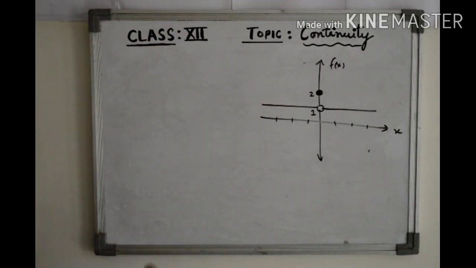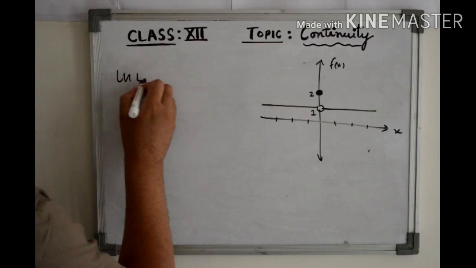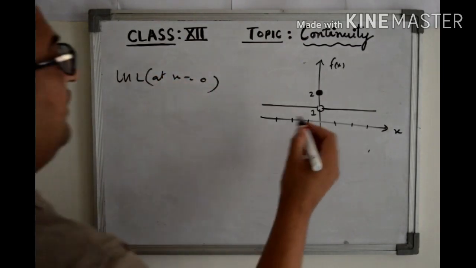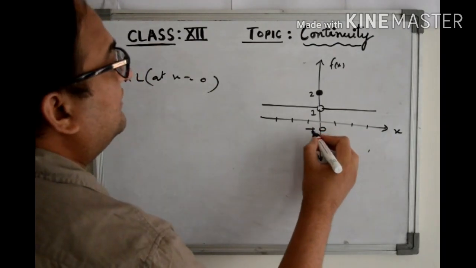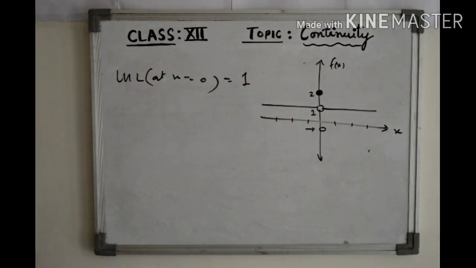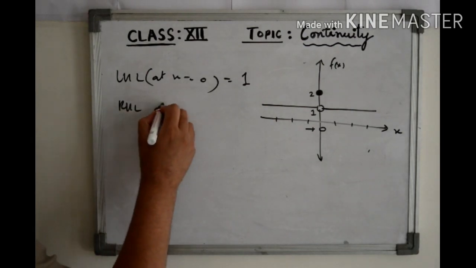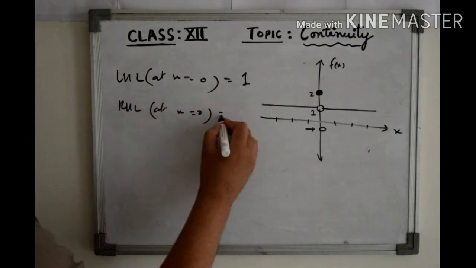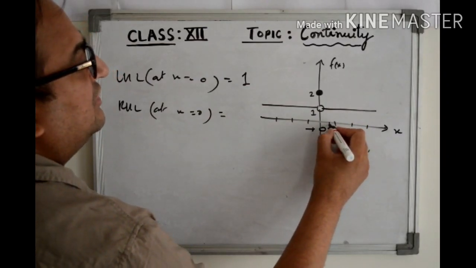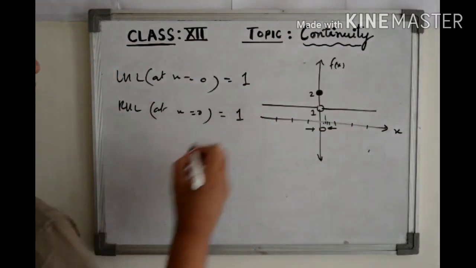In this example, the left hand limit at x equal to 0, that is if we approach 0 from the left side, the value to which the function is approaching is 1. And the right hand limit at x equal to 0, it means the value of the function when we approach x from the positive side, is again 1.